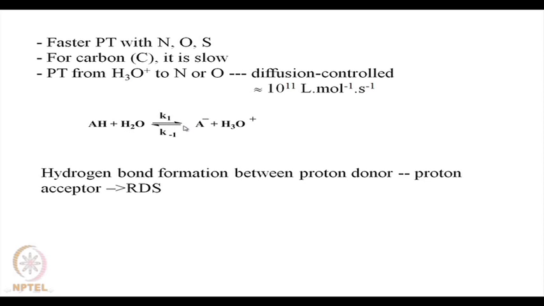The forward reaction is the formation of A minus and H3O plus, and the back reaction is the back proton transfer to give you AH. So, this is your acid, its corresponding ion, and this is the base with corresponding H3O plus. Hydrogen bond formation between proton donor and proton acceptor is the rate determining step.